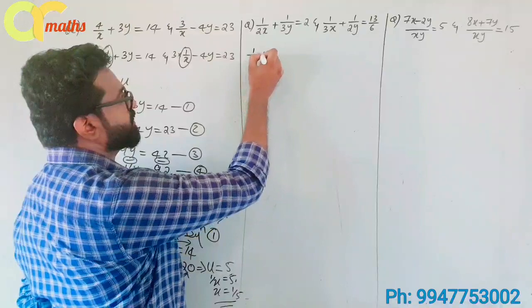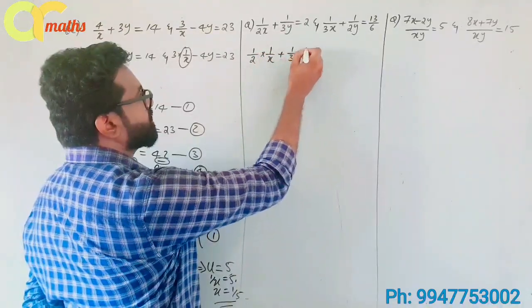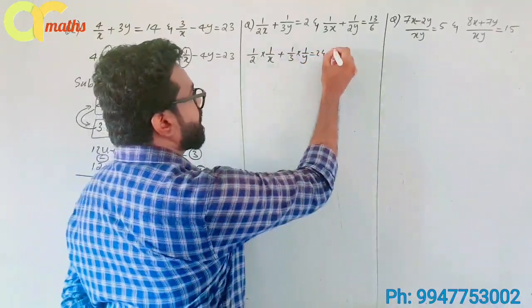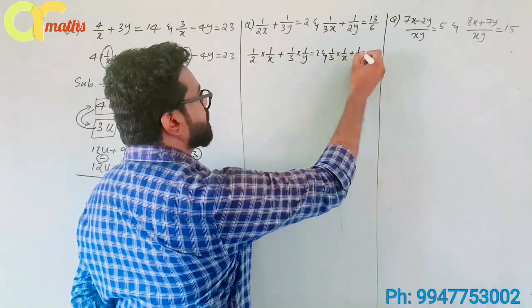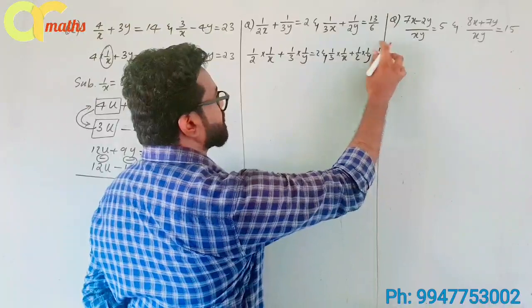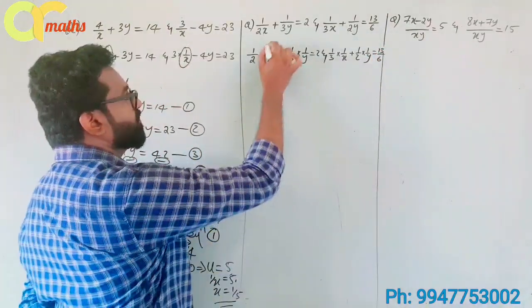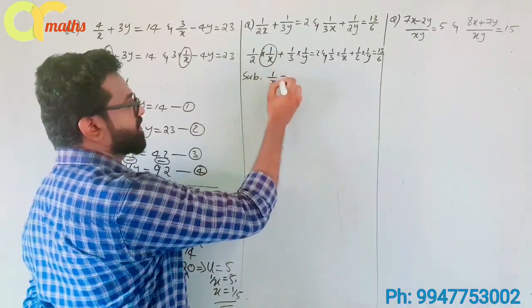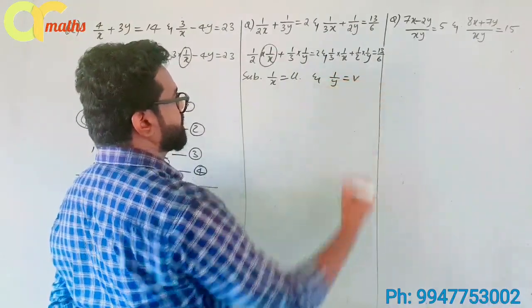1 by 2 into 1 by x plus 1 by 3 into 1 by y equal to 2, and 1 by 3 into 1 by x plus 1 by 2 into 1 by y equal to 13 divided by 6. Then you can substitute 1 by x equal to u and 1 by y equal to v.